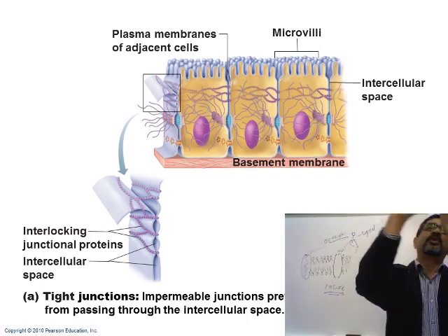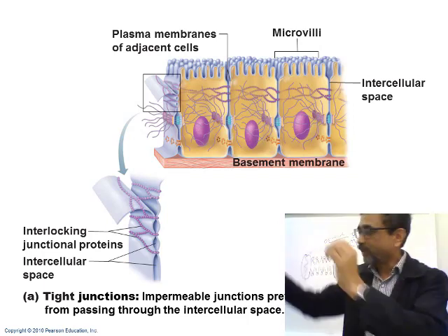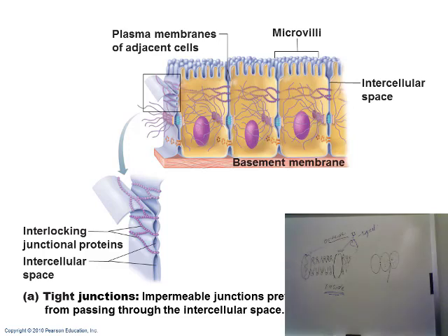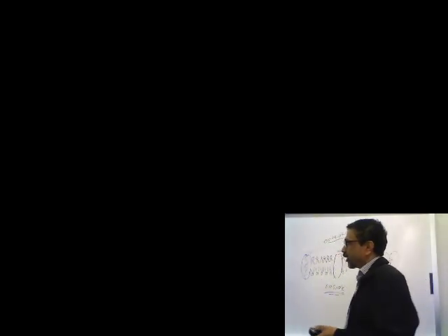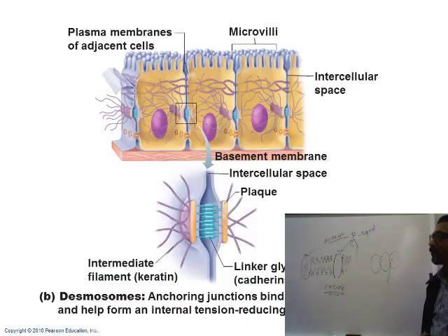Those tiny protein structures are forming the tight junction. They're like stitching the cell membranes together. Okay, so that's the tight junction. Those are called interlocking junctional proteins.